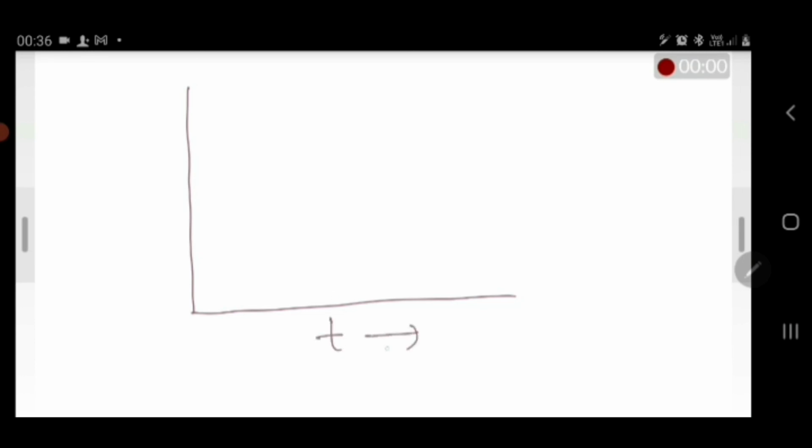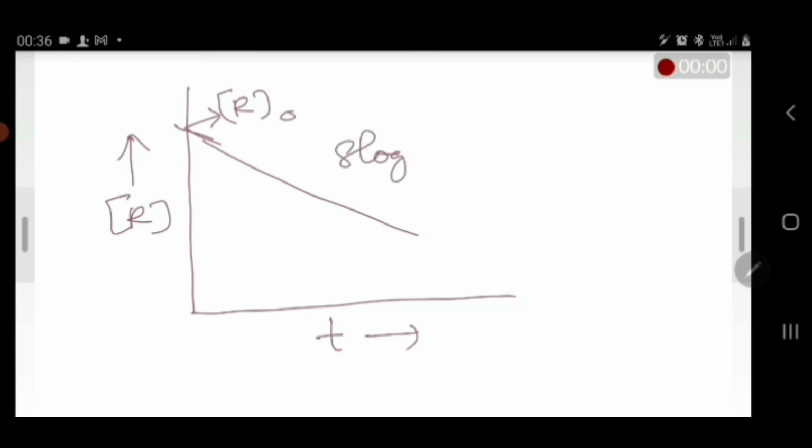This is time, and this is concentration of R. You get a negative slope like this, and the intercept is R0, and the negative slope is equal to k.